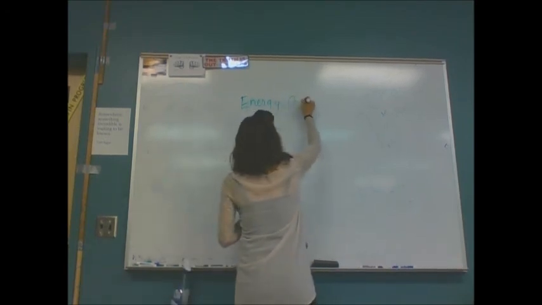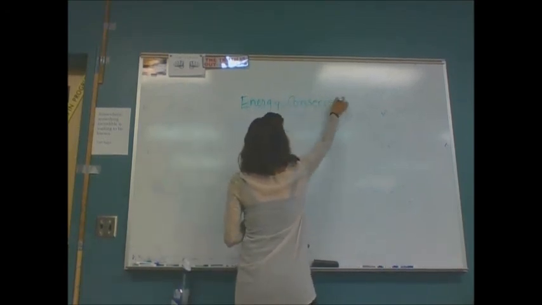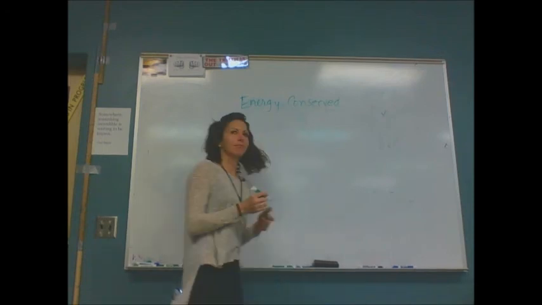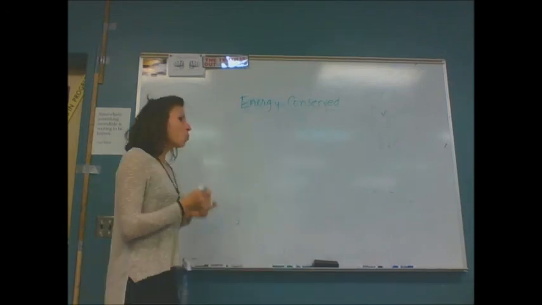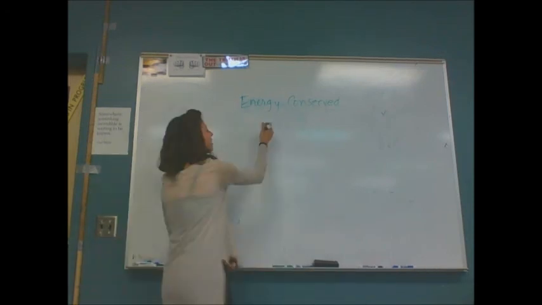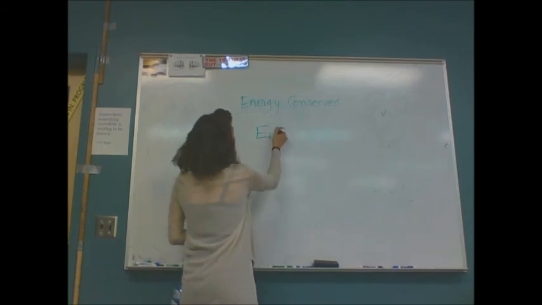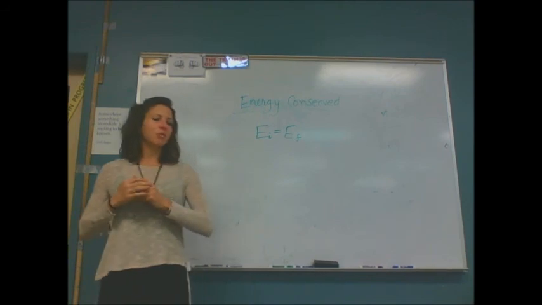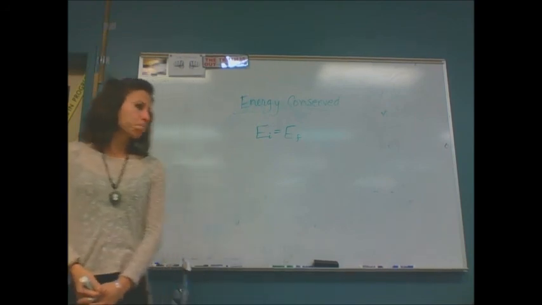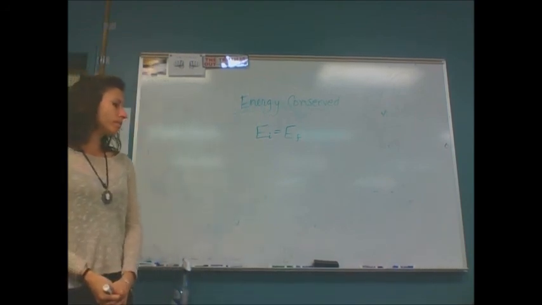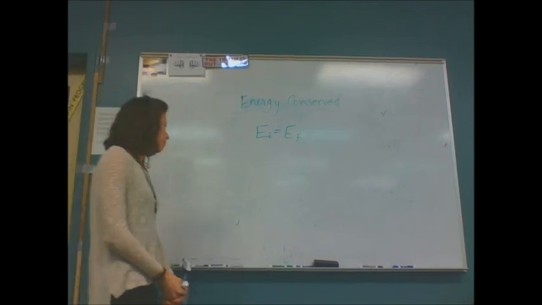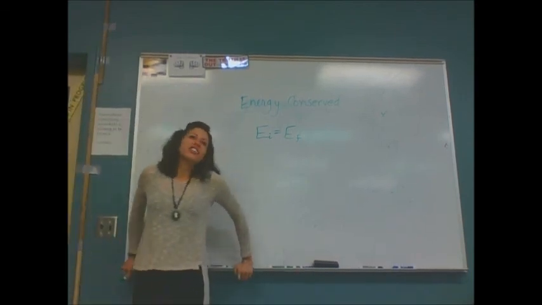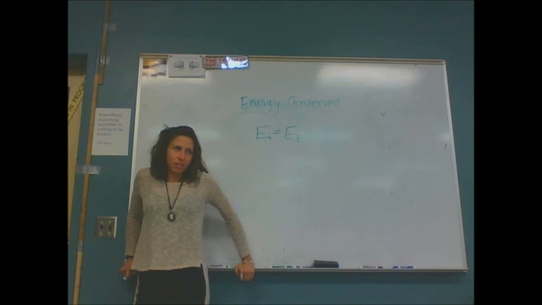Initial energy is equal to final energy. When I say energy, I mean all types of energy. Not just potential and kinetic. It could be things that are converted to chemical and then back to heat and then to mechanical and then whatever, okay?